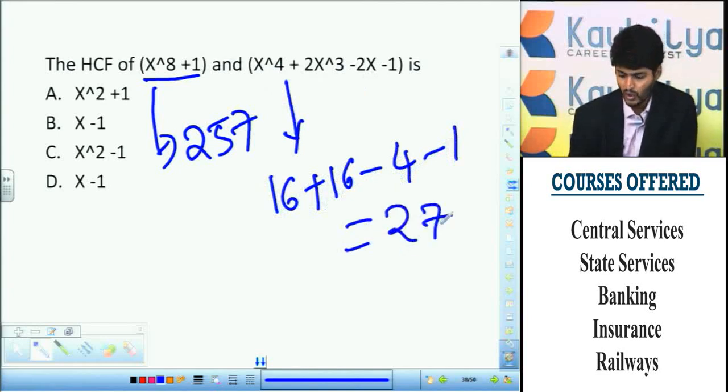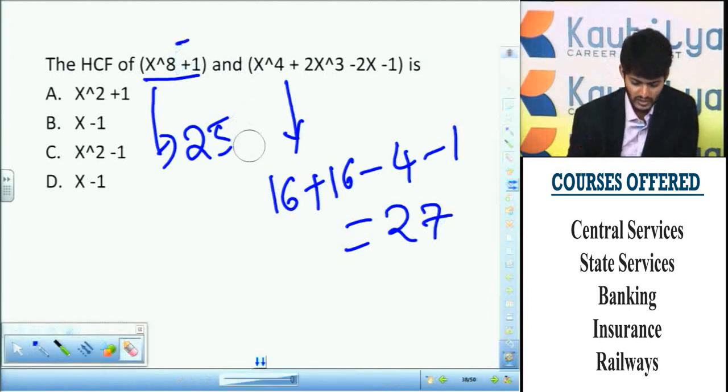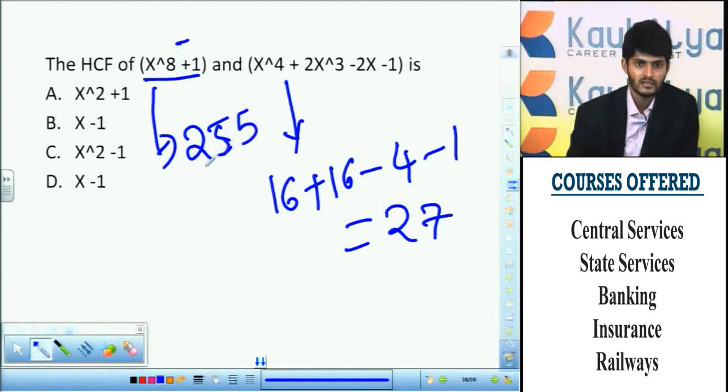Now you want to find out what is the HCF of x power 8 plus 1 and x power 4 plus 2x cube minus 2x minus 1. There is a small correction. Here the problem is x power 8 minus 1. So here finally you will end up getting 255. So here I want to find out what is the HCF of 255 and 27.